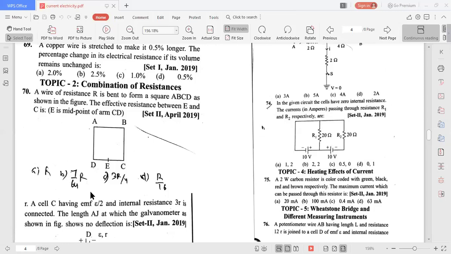Then you simplify them. What is the answer you will get? If you simplify them, you will get 7R by 64.